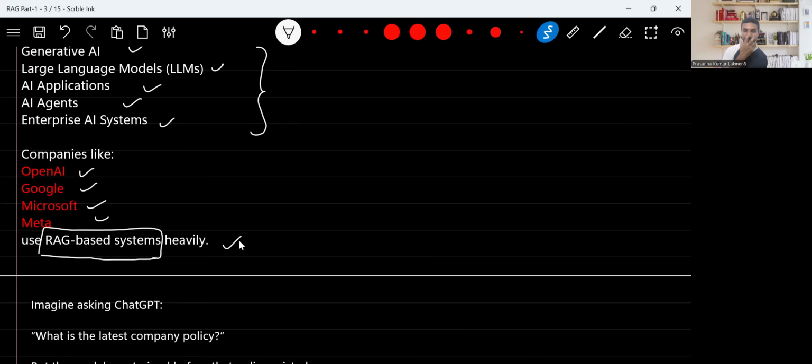RAG is a technique with which we can get the correct answer. You cannot always give the answer from your memory. Sometimes you need an external source also. You have to take the external information and apply it with your memory so that you can give a correct response. LLMs have memory.